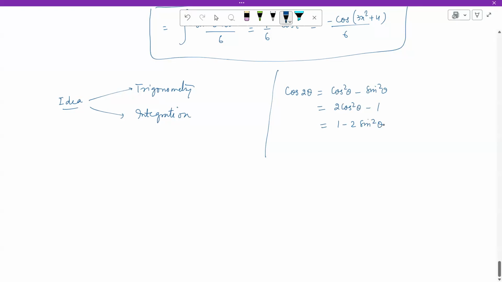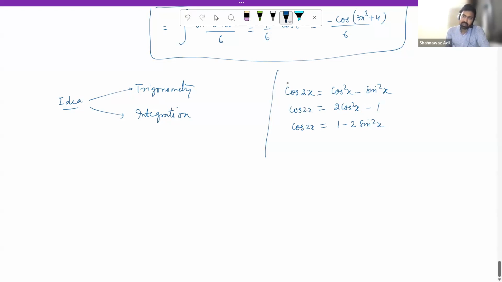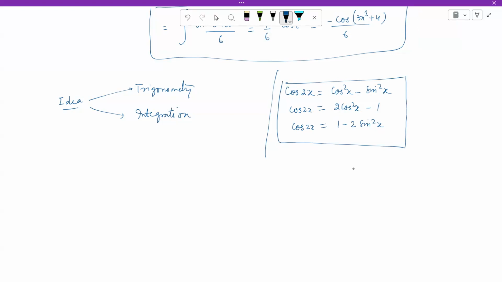In place of theta, I can write x everywhere. So cos 2x is cos square x minus sine square x, 2 cos square x minus 1, or 1 minus 2 sine square x. Now, I want to integrate sine square x, so which relation can I use? Can you tell me? The last one, right?